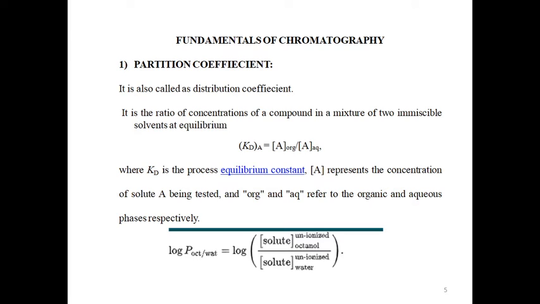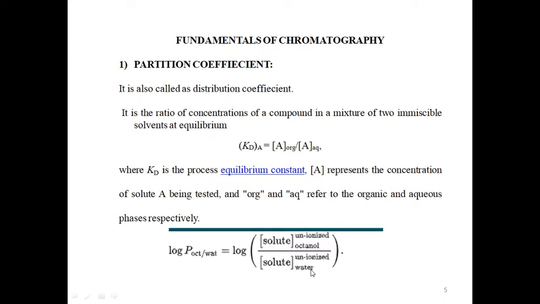Now let us consider the same benzoic acid with the components being octanol and water. The distribution coefficient can also be seen as log P between octanol, which is the organic phase, and water, which is the aqueous phase. The solute we consider here is again benzoic acid. How much of this benzoic acid is present in an unionized manner in octanol, and how much is present in an unionized manner in water?